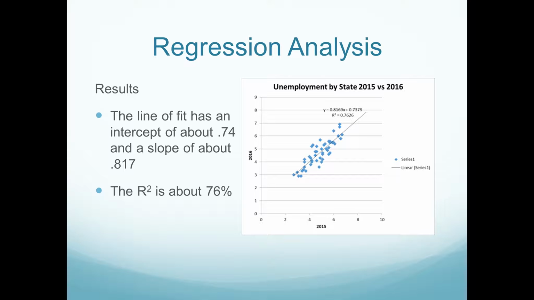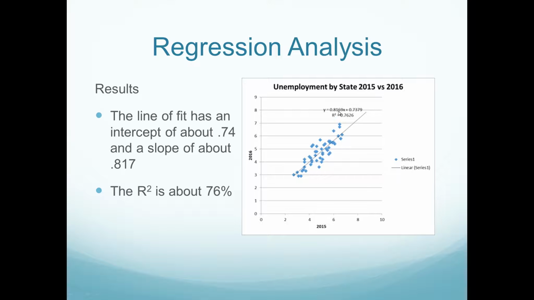The states with lower unemployment rates had more improvement, and so that tilts this end of the line up. And the states with high unemployment rates had less of an increase. I guess not really an improvement in this case. So they had less of an increase in 2016, and so I guess that's good news.